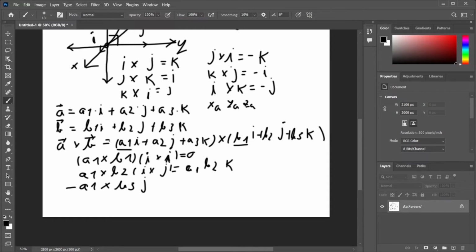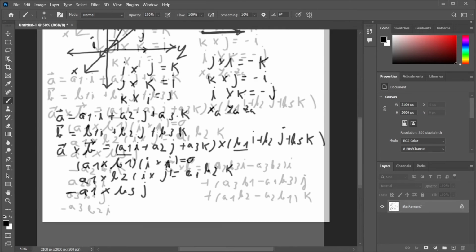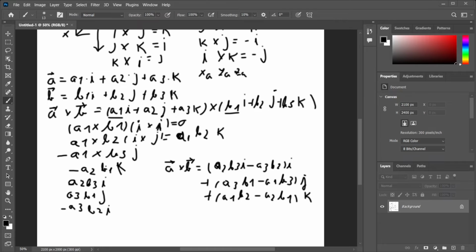You can see that there are three terms, three components. How many zeros are we going to have? Three, because i times i, j times j, k times k. We're going to be left with six components. I'll write them real quick and be back because it takes a lot of time. Okay, I'm back.